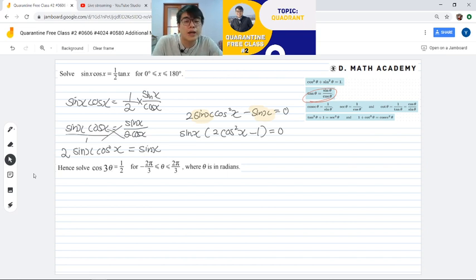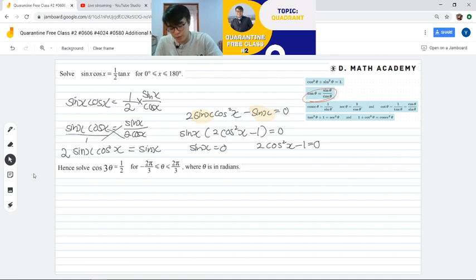Okay, so until here, you're required to break down the question into 2 parts, which is sine x equals to 0 and also 2 cosine square x minus 1 equals to 0. So why did I break them down? It's like your algebra in your mathematics.